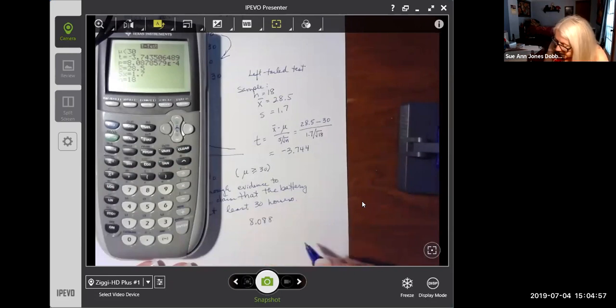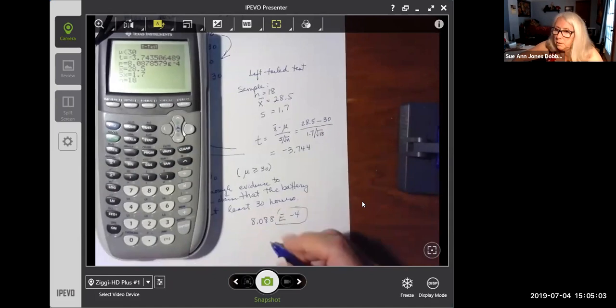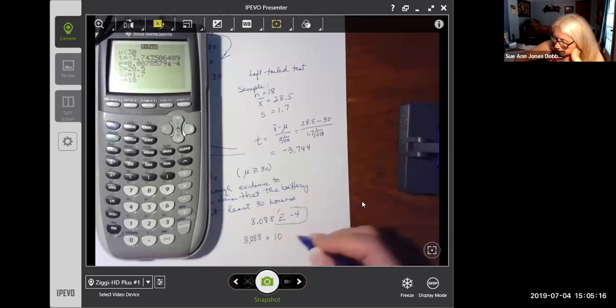E to the negative 4. This thing tells you the thing that the 10 is raised to. So if I write this out in scientific notation, in the way you usually see it, it's 8.088 times 10 raised to the negative 4.